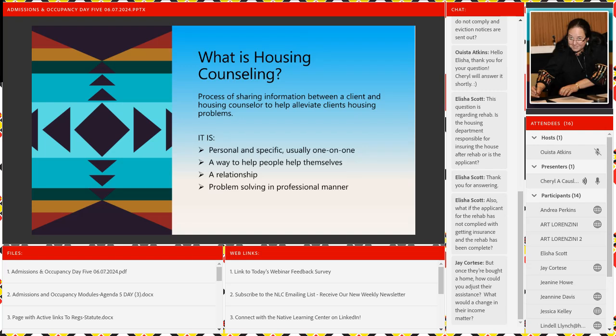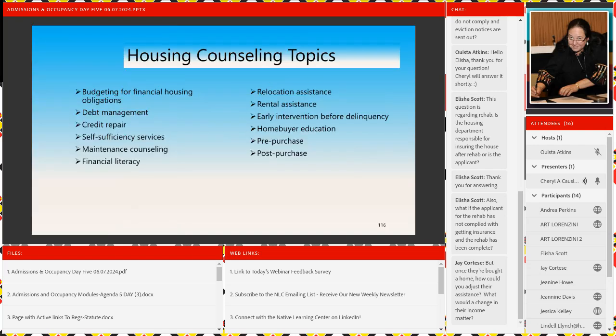It's the process of sharing information between a client and housing counselor to help alleviate some of the client's problems as far as housing. It's personal, it's specific, it's usually one-on-one. It's a way to help your people help themselves. It can become a relationship. It's problem solving in a professional manner.